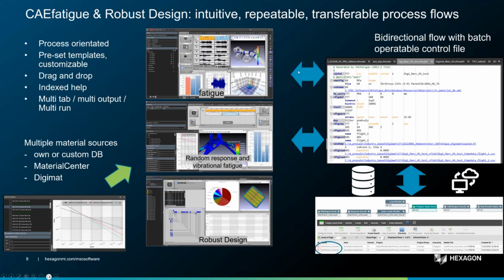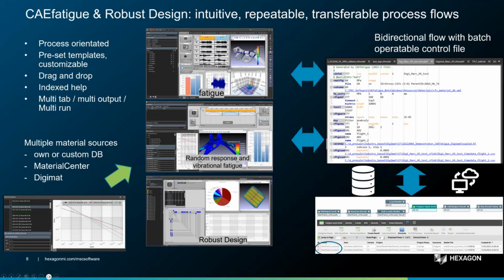But on this other side, there's an important architectural fact in CAEfatigue that is unique: transparency. You can work in the GUI as much as you want, but everything gets written immediately in a parallel, inspectable file.